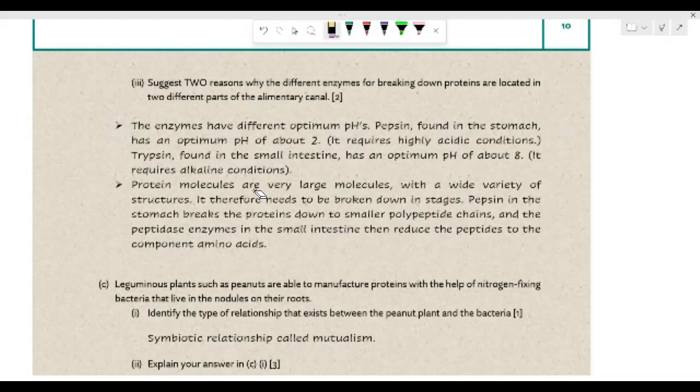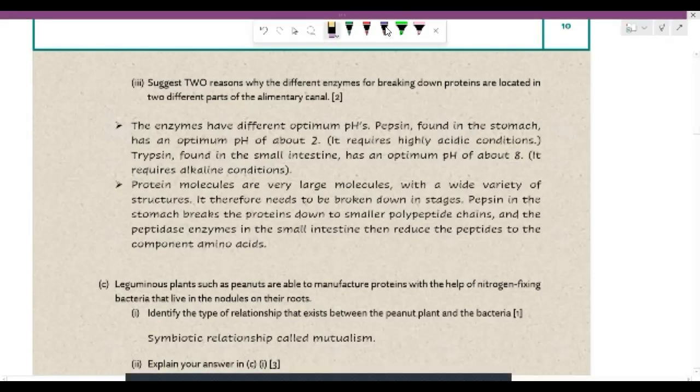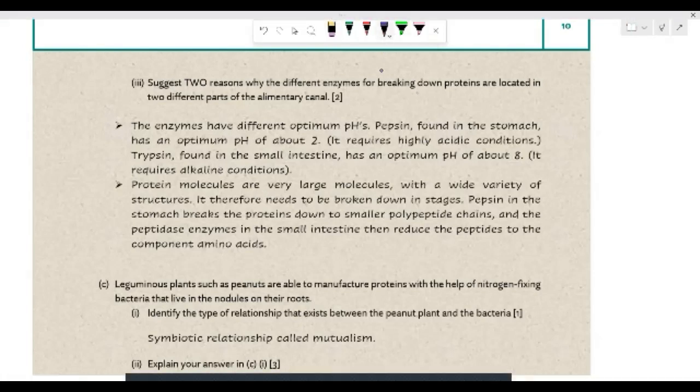All right. The second reason is because protein molecules are really big, right? Very, very big. And therefore, it's not going to be as simple to break down as, let's say, some starch or some lipids, right? You're going to need a good few enzymes to break it down in stages, all right? And that's why we have several stages.